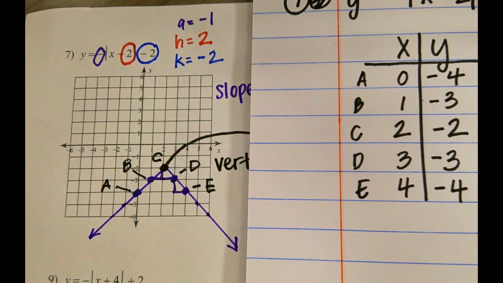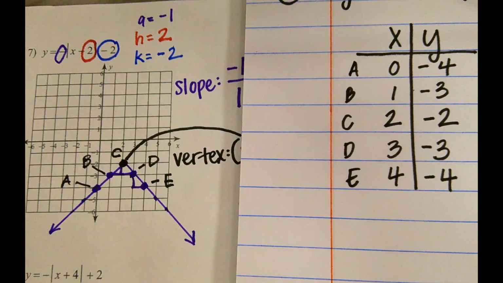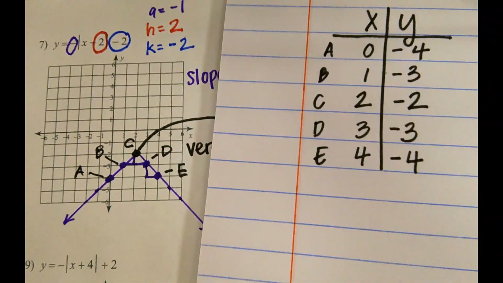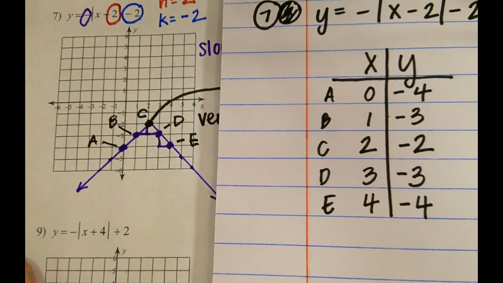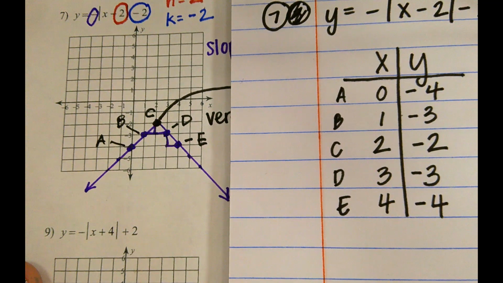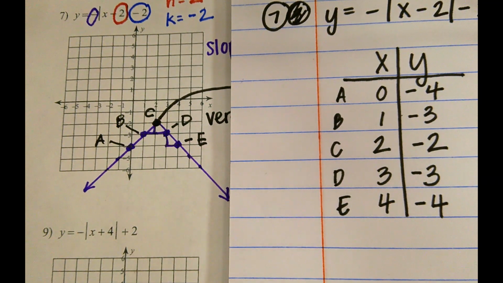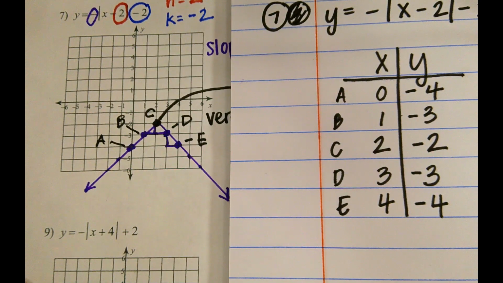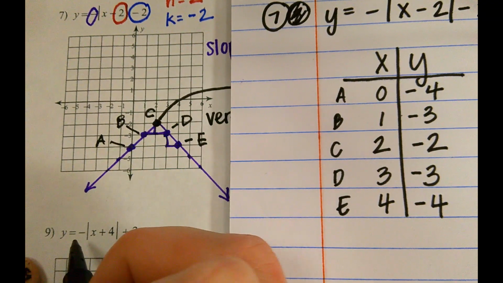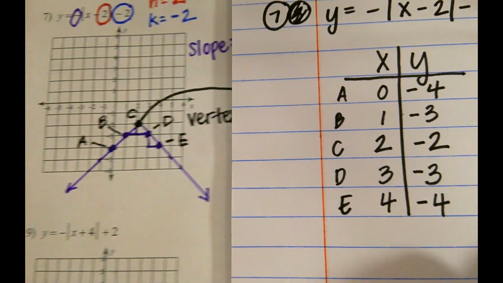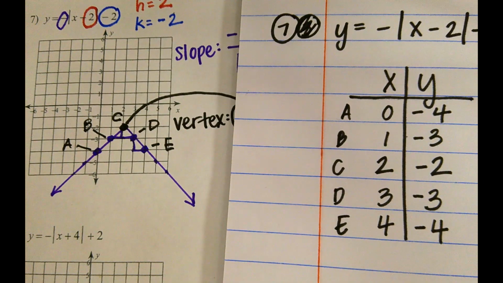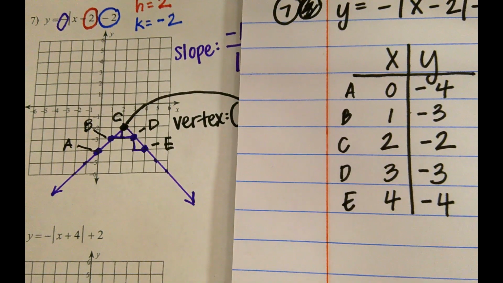So when we move on, I'll have us look at the one just right below it so we can see it at the same time. We'll look at number 10 next.